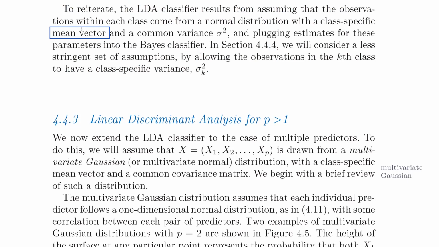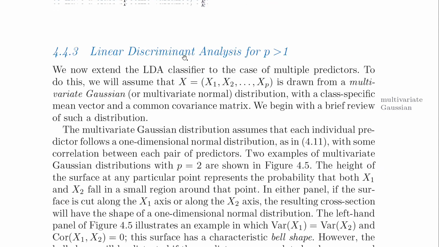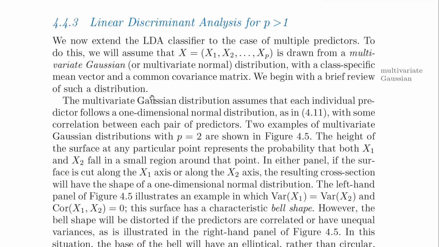Each class has a mean vector, mu k, and a common covariance matrix instead of a common variance sigma squared.